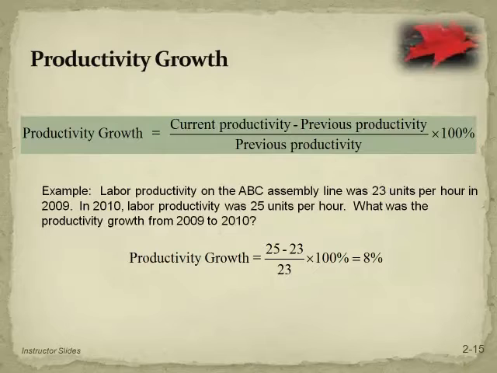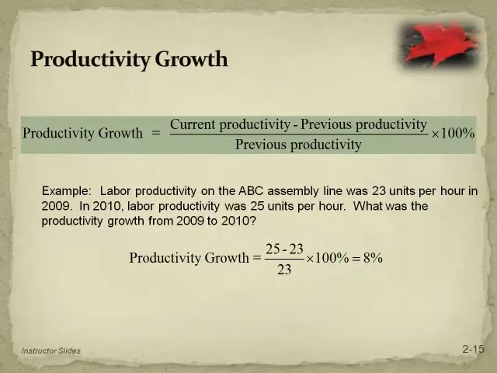So what you're essentially doing is taking the ratio of two numbers and converting it into a percentage by multiplying it times 100. So in this example here, the previous productivity was 23 units per hour, and in the current year, that increased to 25 units per hour.